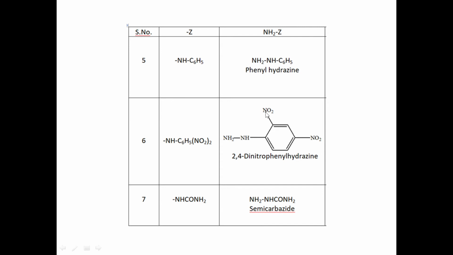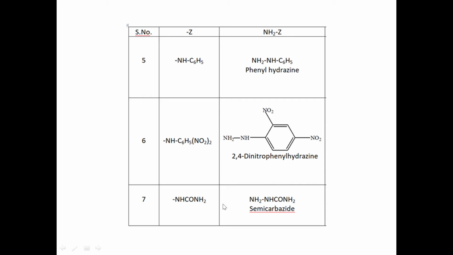The nitro groups are present at the second and fourth positions, so it is 2,4-dinitrophenylhydrazine. Again, two nitrogens are available, so which of the two will react as a nucleophile with the carbonyl compound? We'll discuss later on.